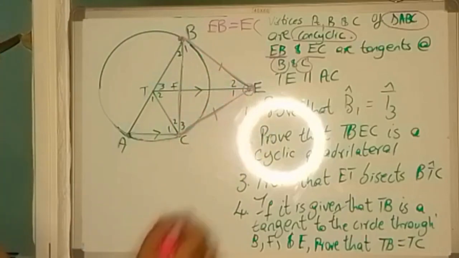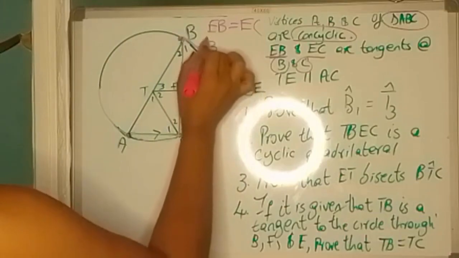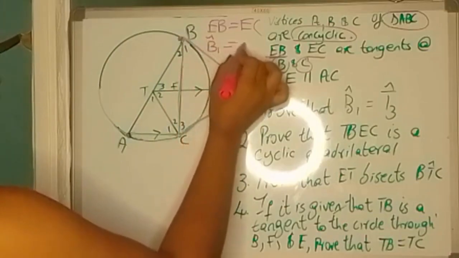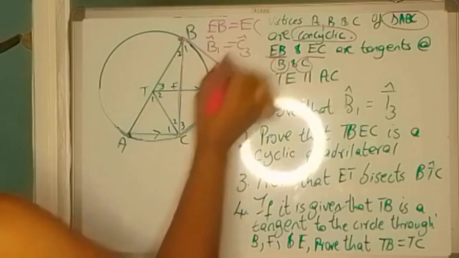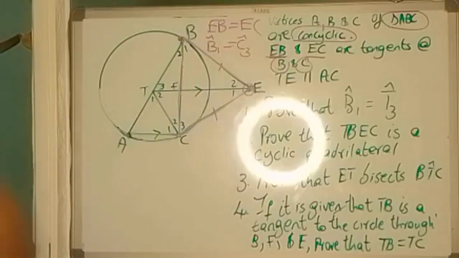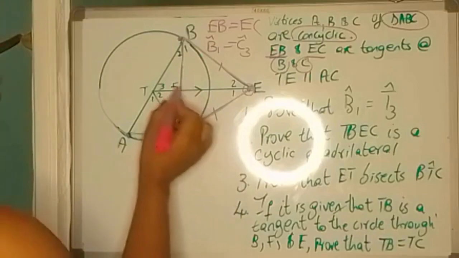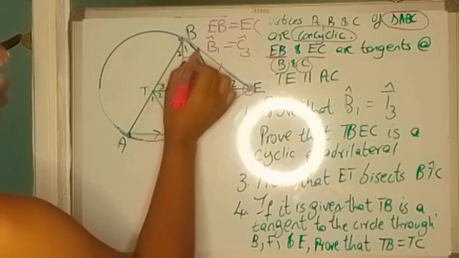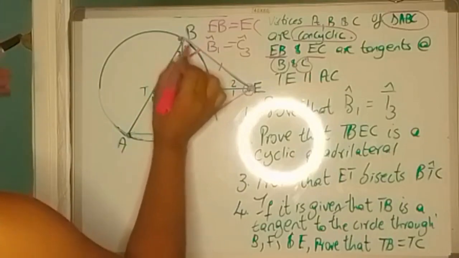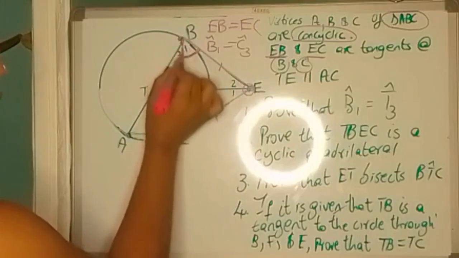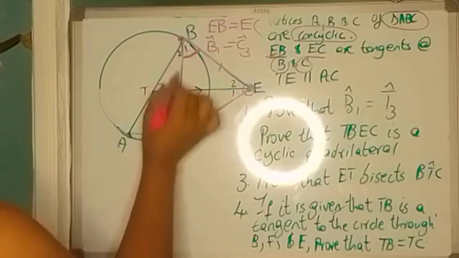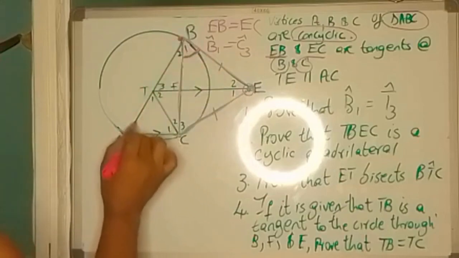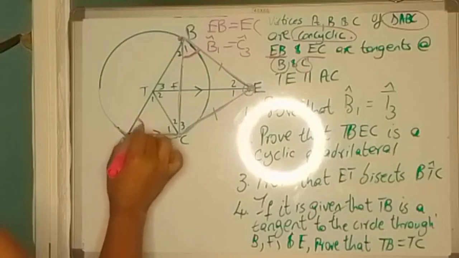In that case, angle B1 is equal to angle C3. Maybe that information will help us. We also have the tangent chord theorem that we've learned about. We have angle B1 here that is between a tangent and the chord. So the angle that is opposite that chord BC will be equal to B1.